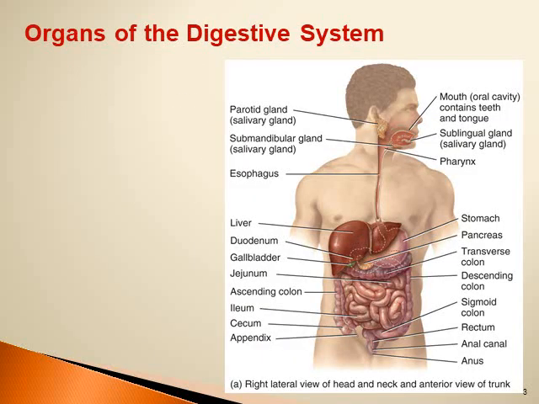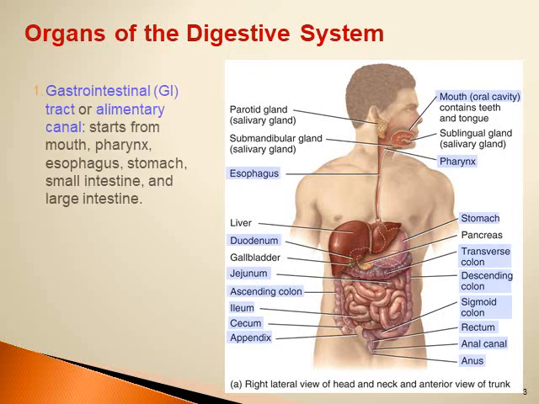The organs of the digestive system can be grouped into two main groups. The first group are the organs that form the gastrointestinal tract or the alimentary canal, and it starts from the mouth, then the pharynx, esophagus, stomach, the three parts of the small intestine and the different parts of the large intestine.